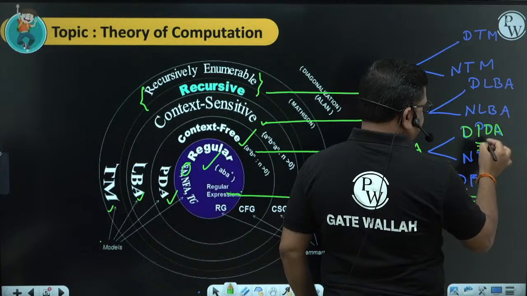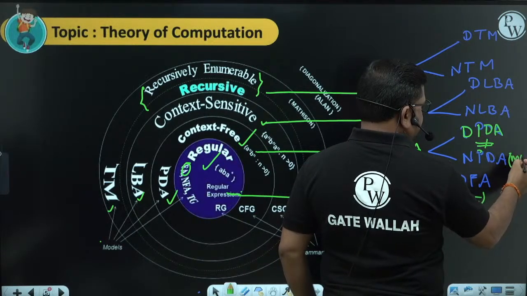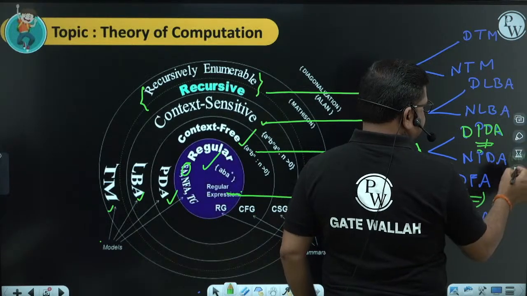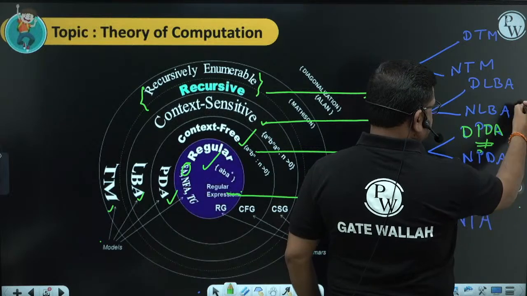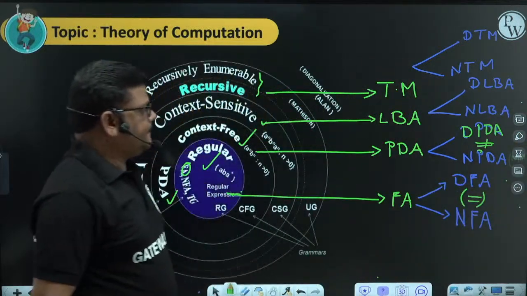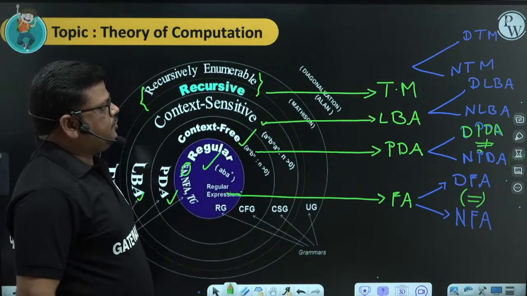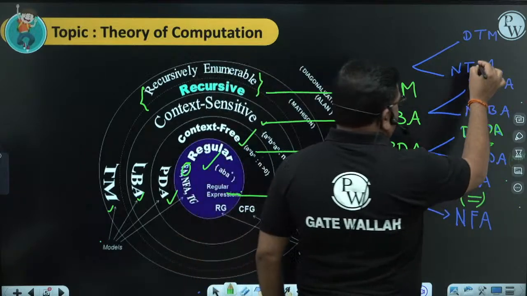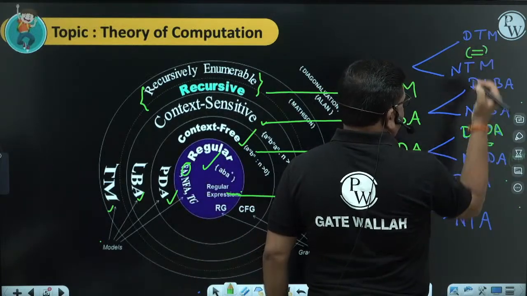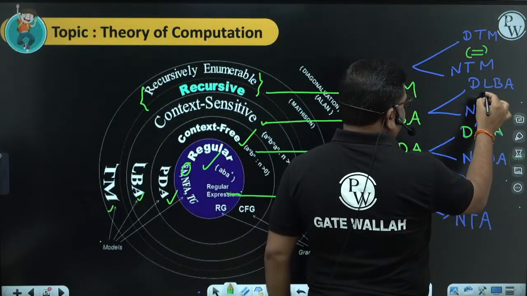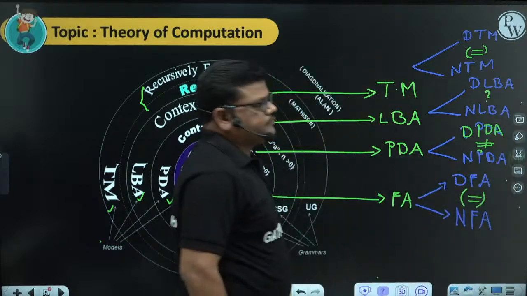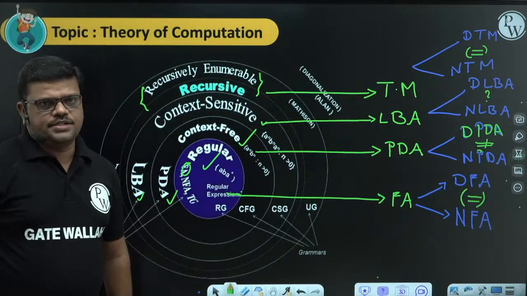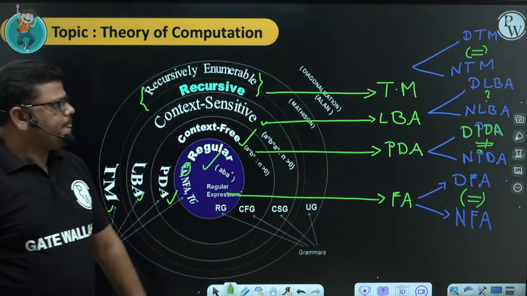This is more. The expressive power of DTM and NTM is once again equal. The expressive power of DLBA and NLBA is unknown, an open question. So this is the final thing.